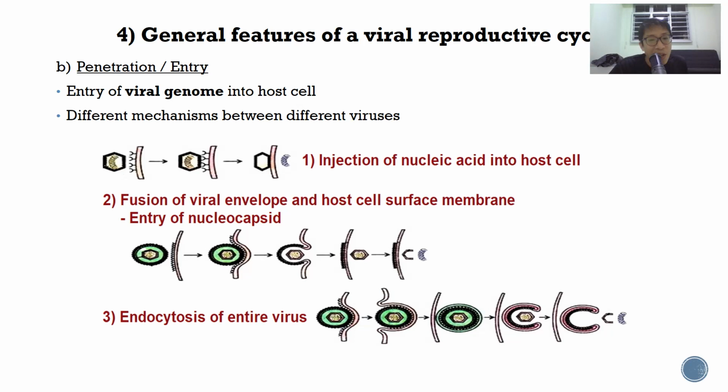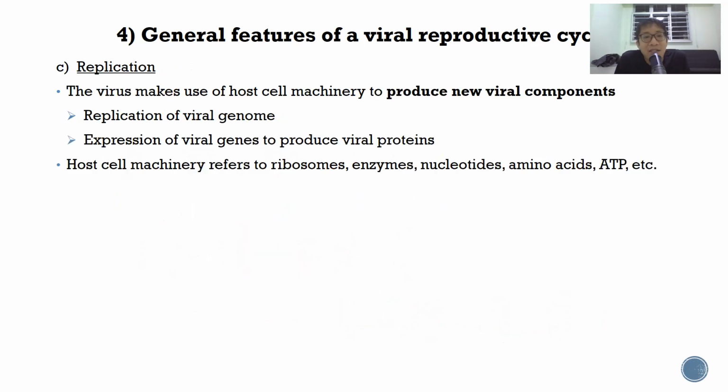Then for the replication, it is about the production of new viral genome as well as new viral proteins. The proteins can come together later to be assembled into the capsid coat, and the genome, the capsid coat, and any other proteins can be assembled together into new viruses.